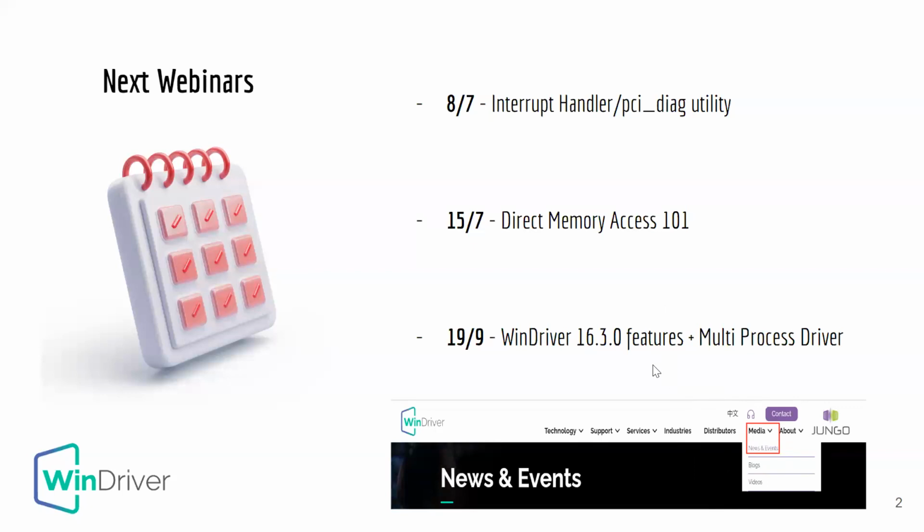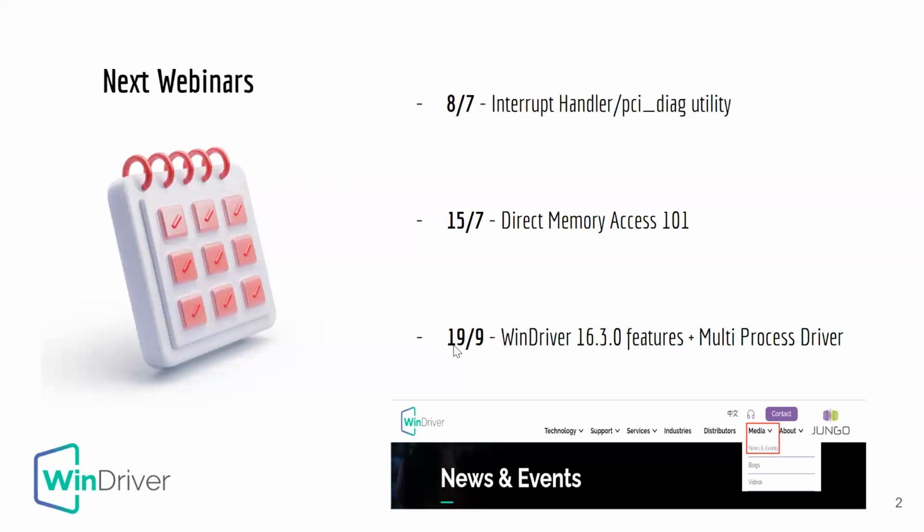Last week, we launched WinDriver 16.3. This version includes mostly fixes. It has some enhancements. We will present everything on this webinar. It's on September. The reason is the summer break a lot of countries have. So you can download WinDriver 16.3, try it yourself, and join the webinar on the 19th of September.